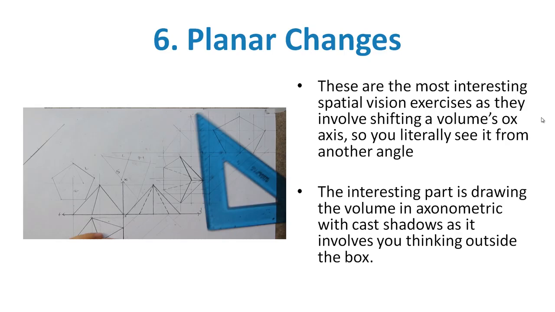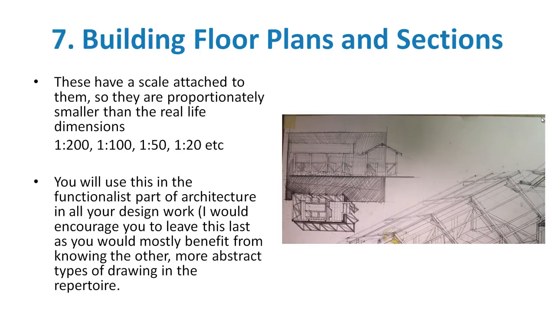You take it from one position and you put it into a specific position where one of the planes becomes a horizontal plane, one of the sides of the pyramid becomes a horizontal plane, and then you basically create the shape itself. Again, you can draw this in axonometric with cast shadows. It's going to make for a very interesting exercise.